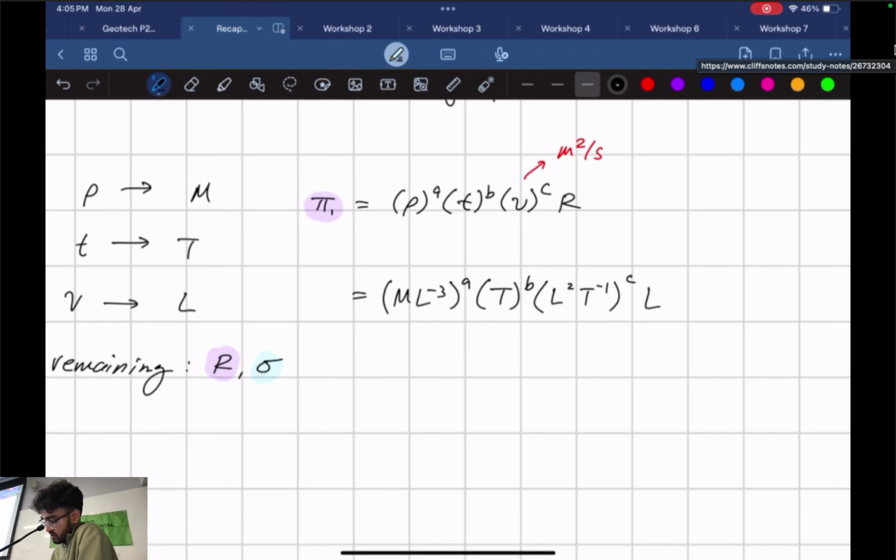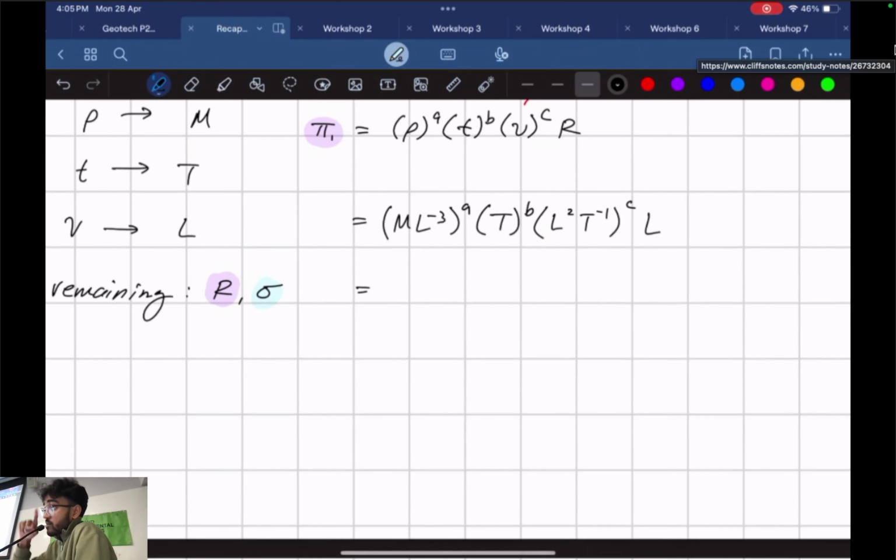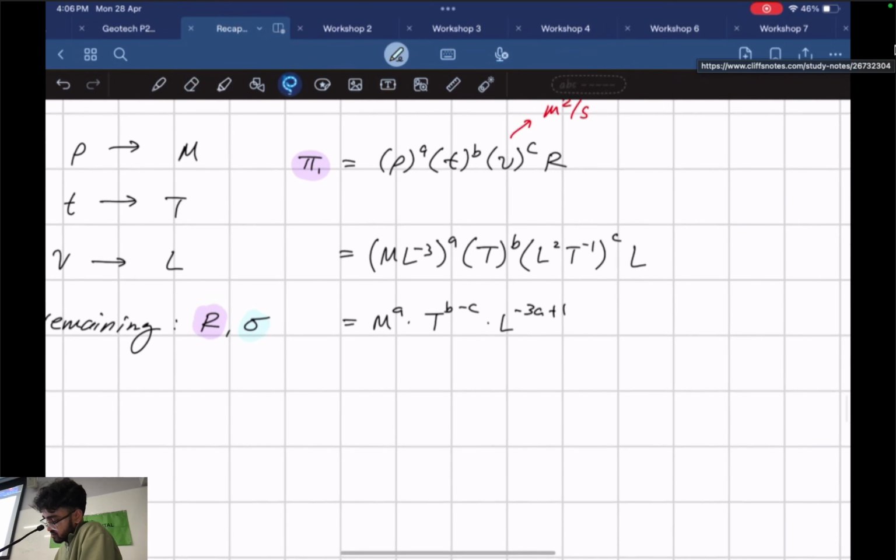Okay, good. So now I'm going to group them up into terms. So M to the power of a, times T to the power of b minus c, and L to the power of minus 3a plus 1 plus 2c. Okay.